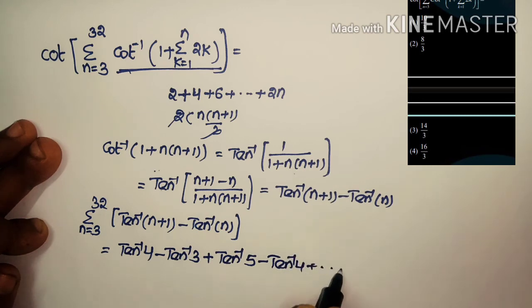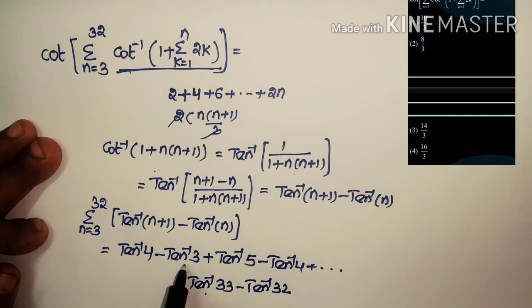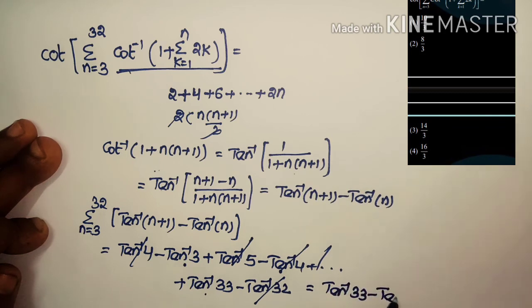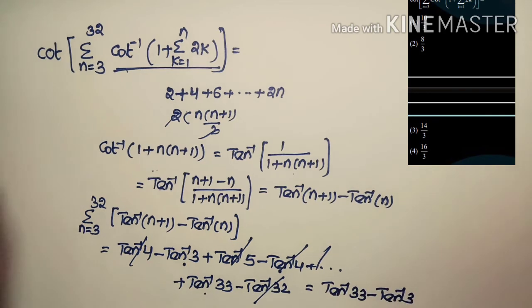And so on. When we take 32, it returns tan inverse of 33 minus tan inverse of 32. So here all terms are cancelled except tan inverse 33 and tan inverse 3. Tan inverse 4, tan inverse 5 and tan inverse 32 all are cancelled. So the remaining value is only tan inverse of 33 minus tan inverse of 3.